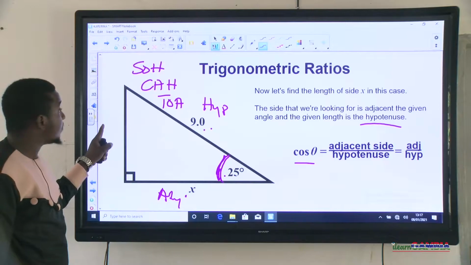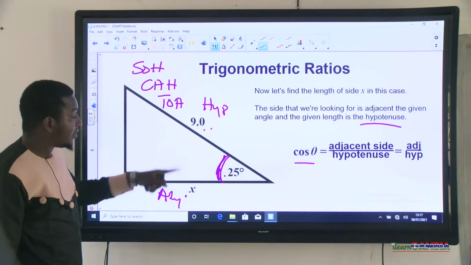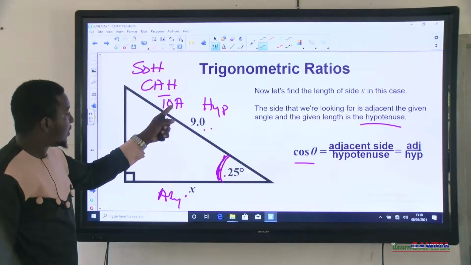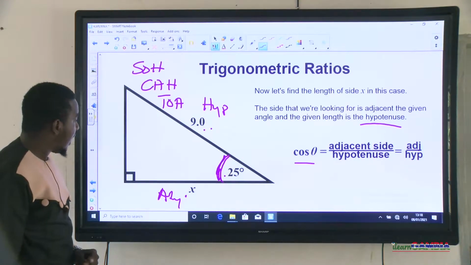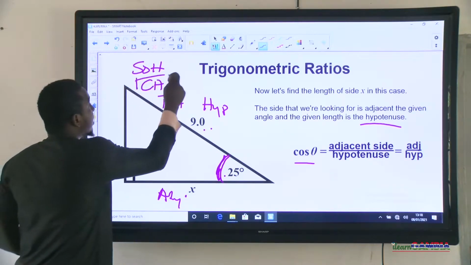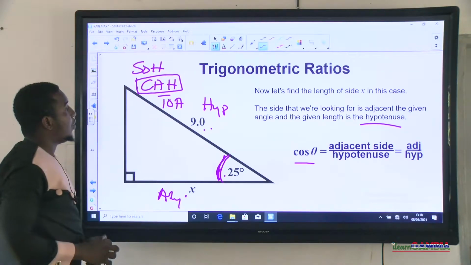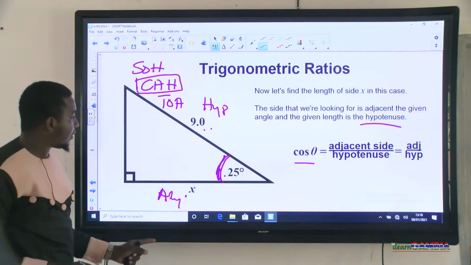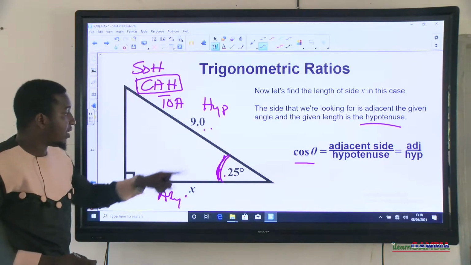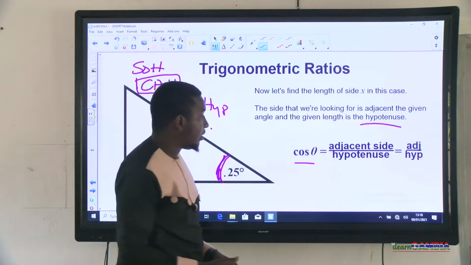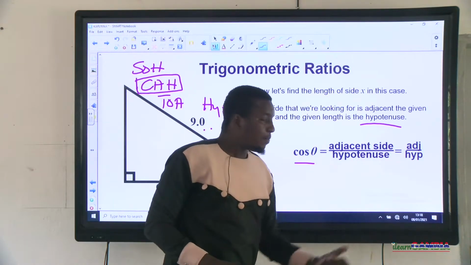For TOA, which is tan, we make use of the opposite and the adjacent. Are we given the opposite? No. So here we can only use cos, which is the adjacent divided by the hypotenuse. We are finding the adjacent and we are given the hypotenuse, so what we can use is the cos.